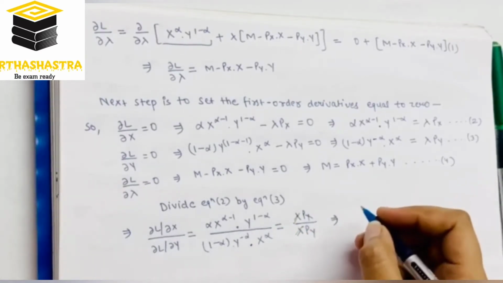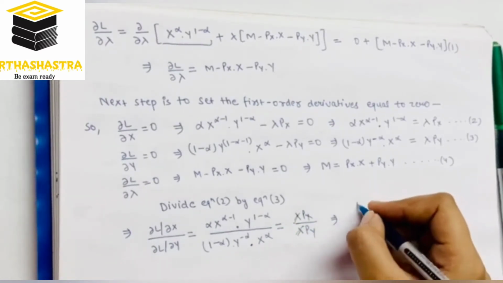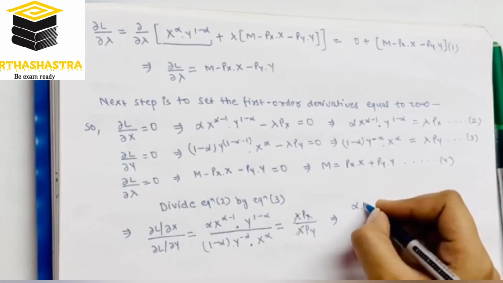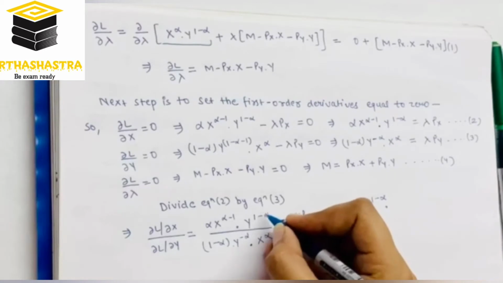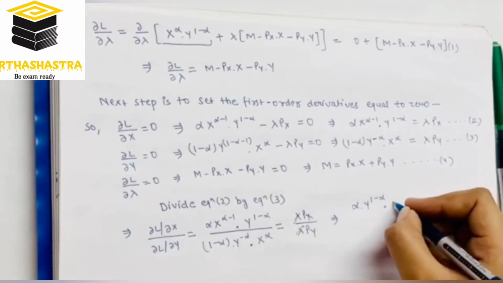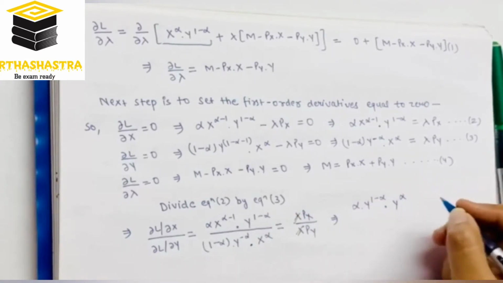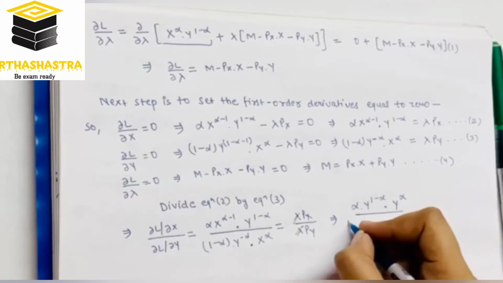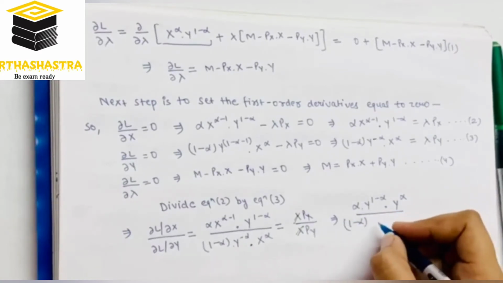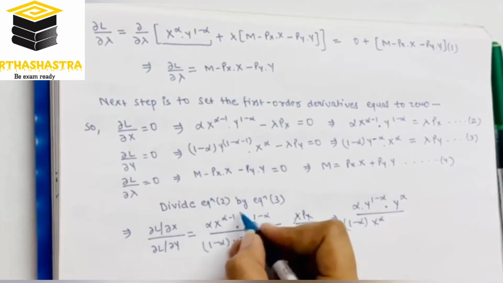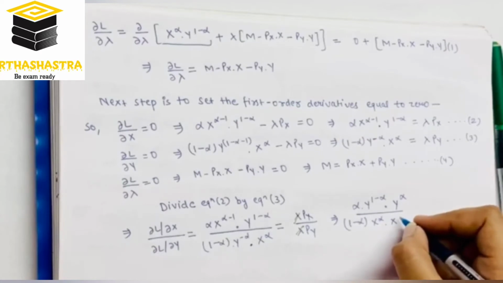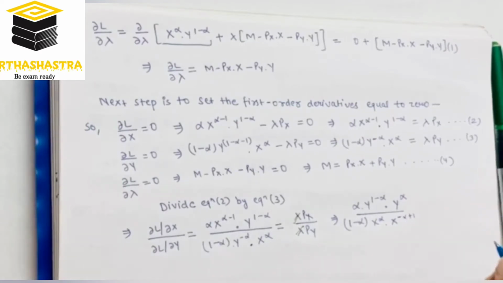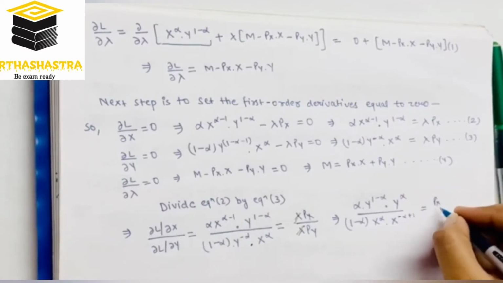So what we will have is alpha times y over 1 minus alpha, and we take the x term to the denominator, so it will become x raised to the power minus alpha plus 1 equals to px over py.